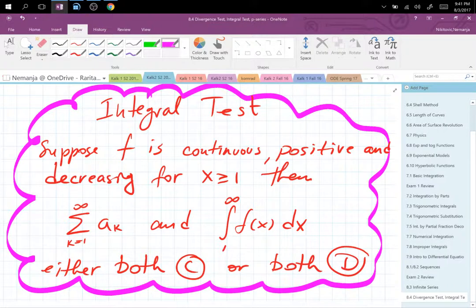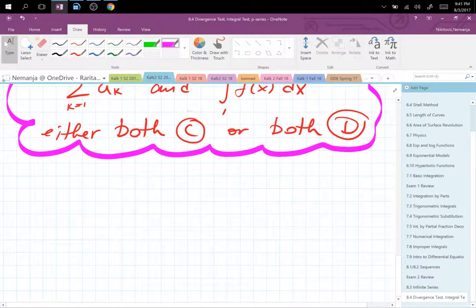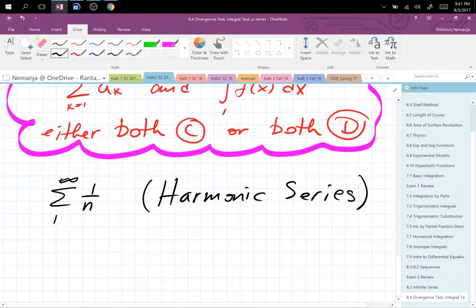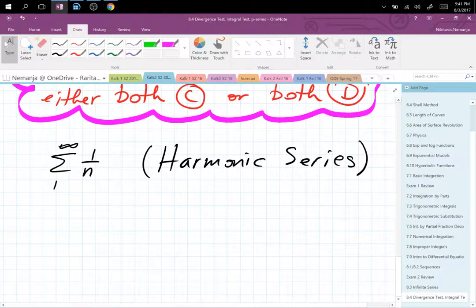But other than that, let's crank the summation 1 to infinity, 1 over n, known as the harmonic series. Important series, has a name. So here is what I'm going to do. I need to prove the 3 parts.